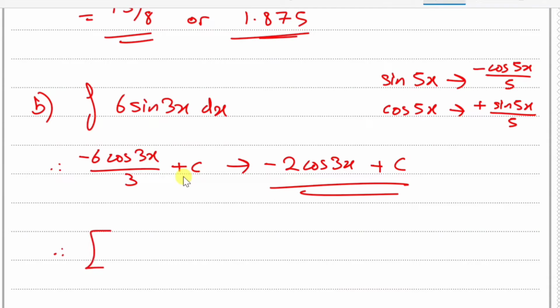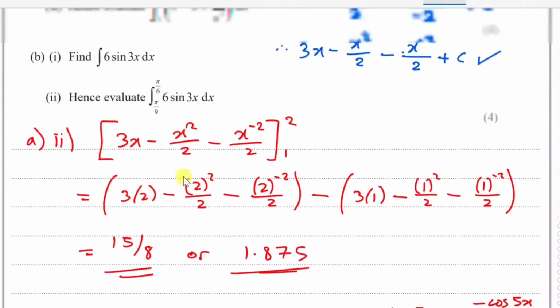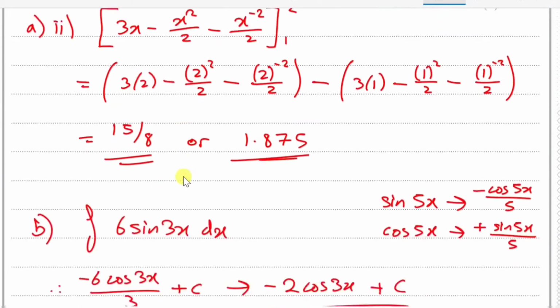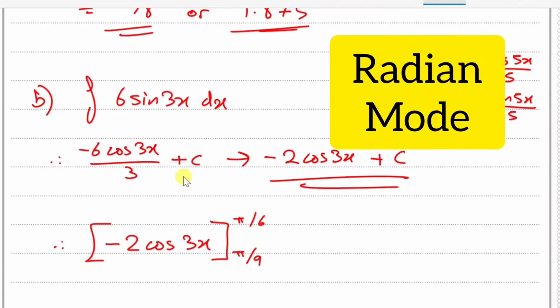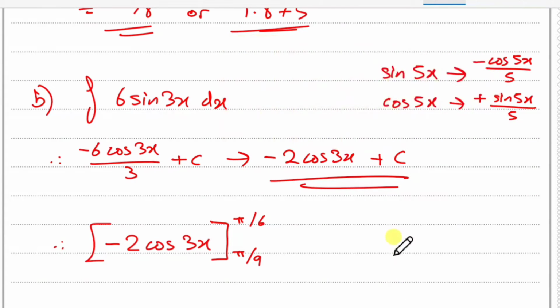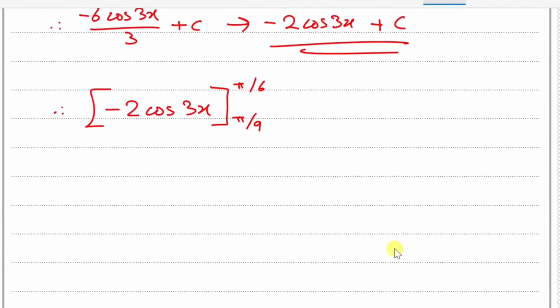So we're going to now put a big bracket, put minus 2 cos 3x. And the limits, as usual, would be pi over 6 to pi over 9. So what this means is that your calculator should be set to radian mode, yeah? So please put on radian mode. Now, same thing like we did earlier, just basically replace x with pi over 6, and then replace the x with pi over 9 and just find the difference.